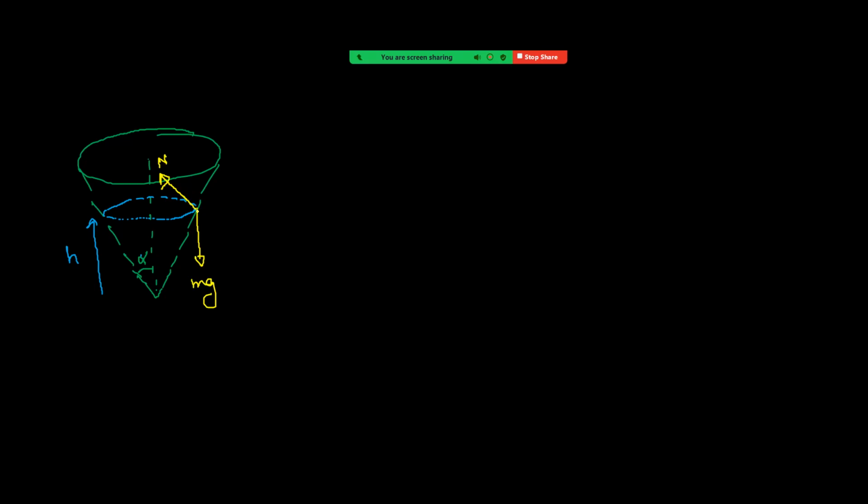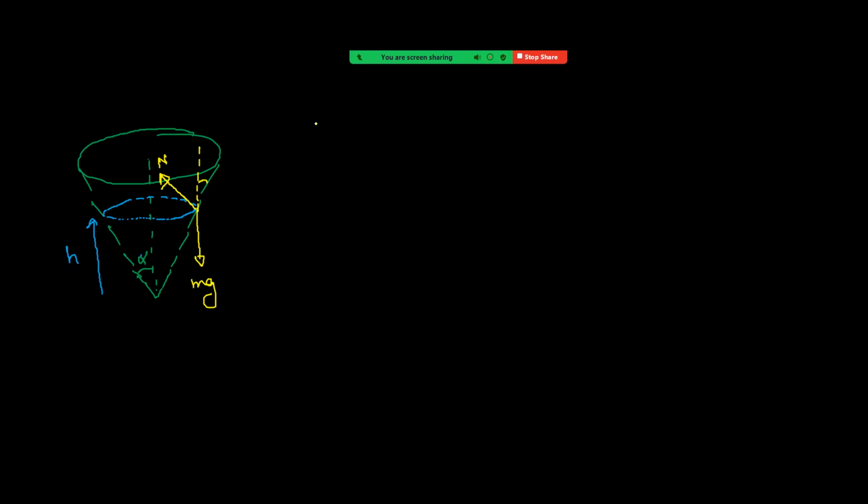So one component of the normal reaction has to balance mg. This angle is alpha. Therefore, see what this angle will be. This angle is alpha, and this is 90 minus alpha. With the vertical, this makes angle alpha, and this is 90 minus alpha.